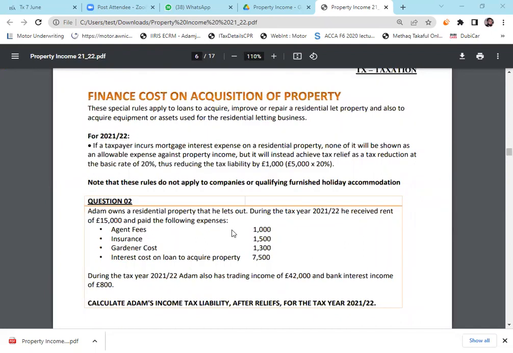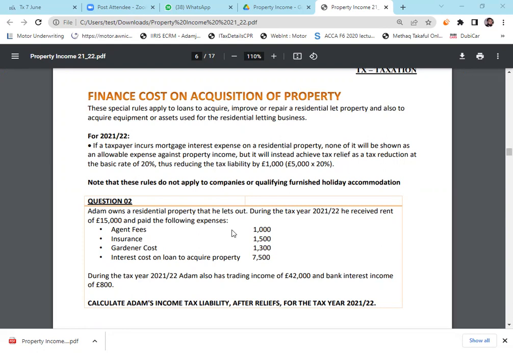Simple. You don't have money and you want to buy a property in order to start your rental business. You went to the bank, you took a loan, and you bought a property in order to earn money through rental income.